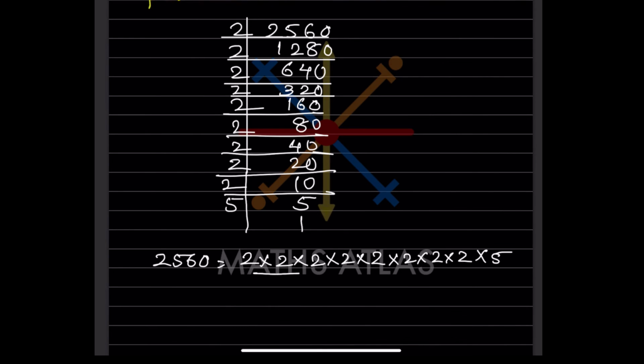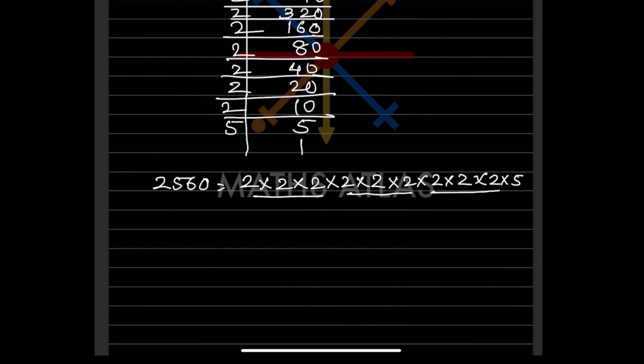So now we'll make a group, because it is a cube. Whenever it is a square, we make a group of 2. Whenever it is a cube, we make a group of 3: 1, 2, 3, 4, 5, 6, and 7, 8, 9. And then there is 5.